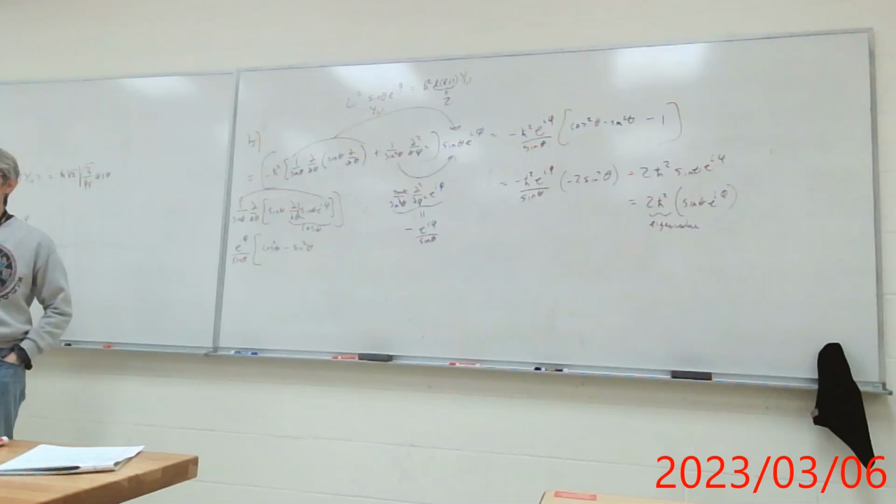H bar squared and 2I are all constants, just numbers. All right, so that's at the bottom of page 323. Everybody okay? Great.